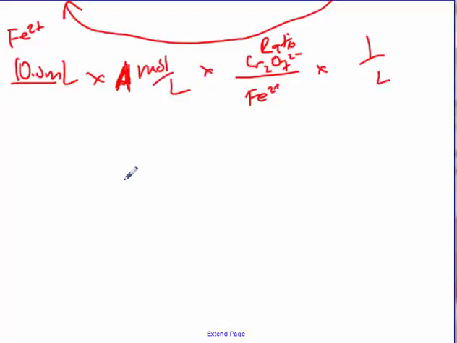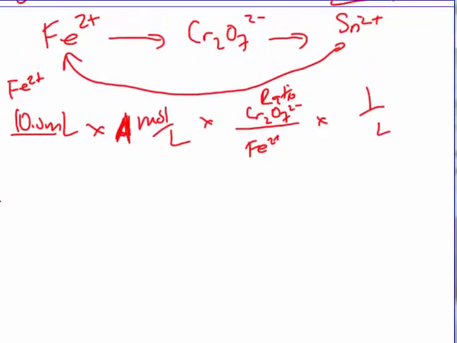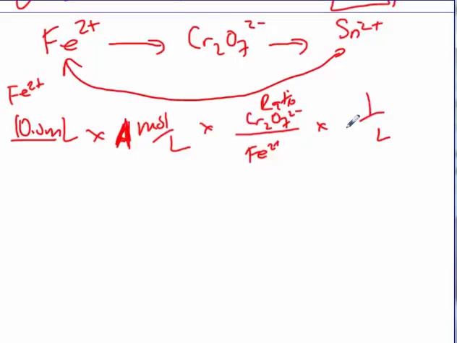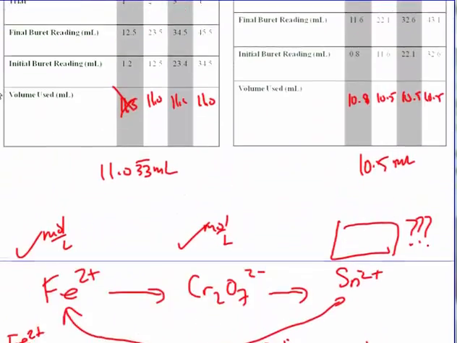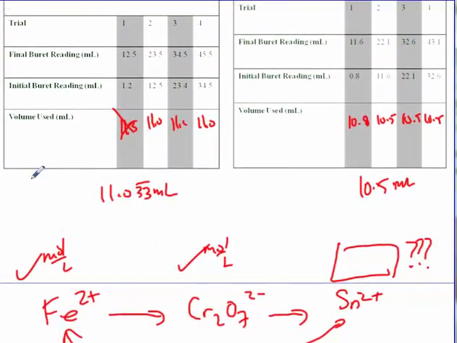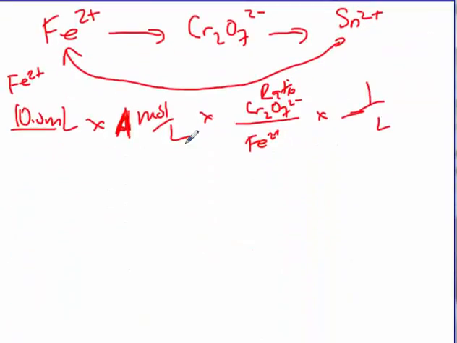Because again, we made it from scratch. Then the dichromate volume comes out of the chart, which is 11.03 repeated. And again, I'm going to play that little cheat here. I'm going to cancel this milliliters with that milliliters so that I can get the concentration. What this will do is give me the concentration in moles per liter of the dichromate.